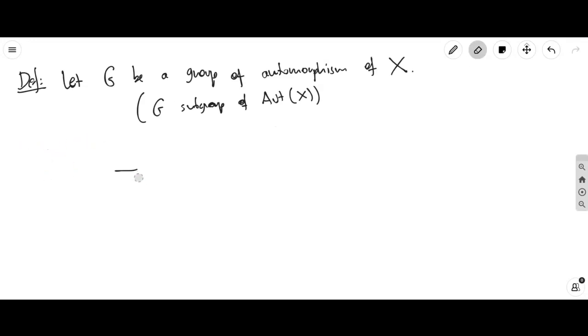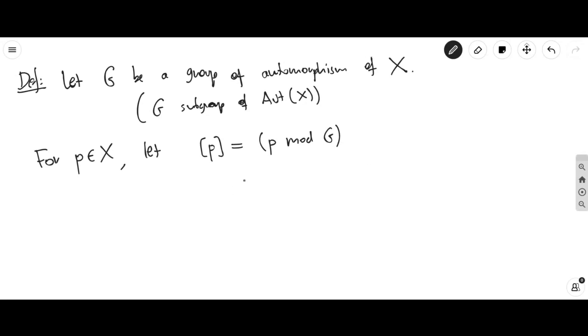Maybe before I do anything, I think this will make it a little bit easier. So for a point P in X, let the class of P, and we sometimes write P mod G, be simply the collection of elements in X such that x is g of p for some g.